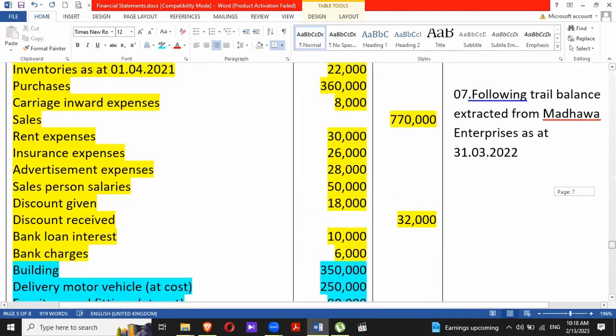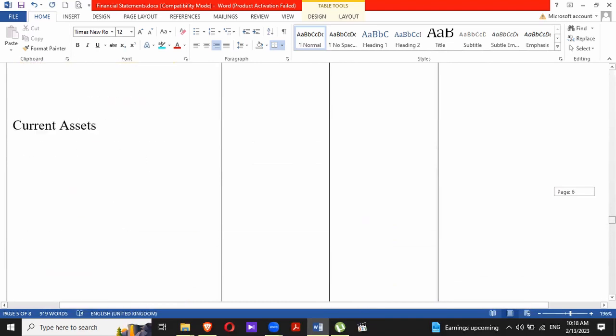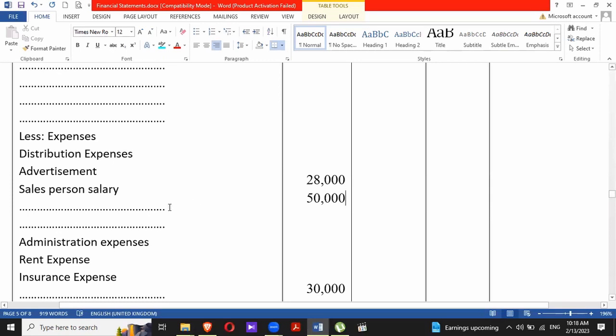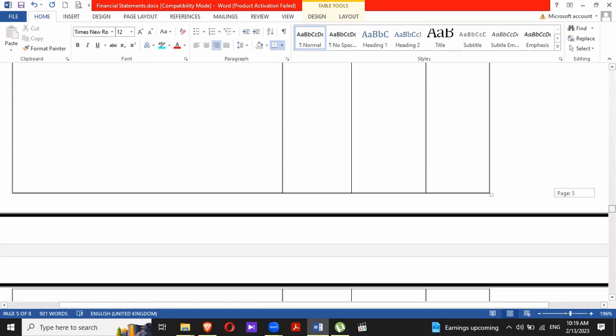Next one, we'll see what is the next one. Discount given 18,000. Discount given also comes under distribution expense. Discount given 18,000. Right? We'll see what is the next one.